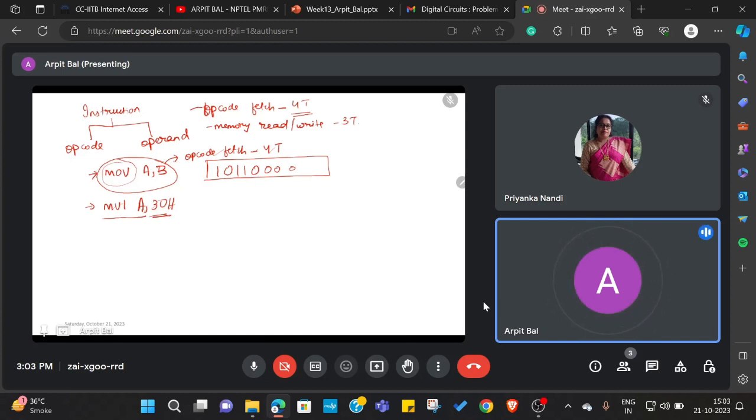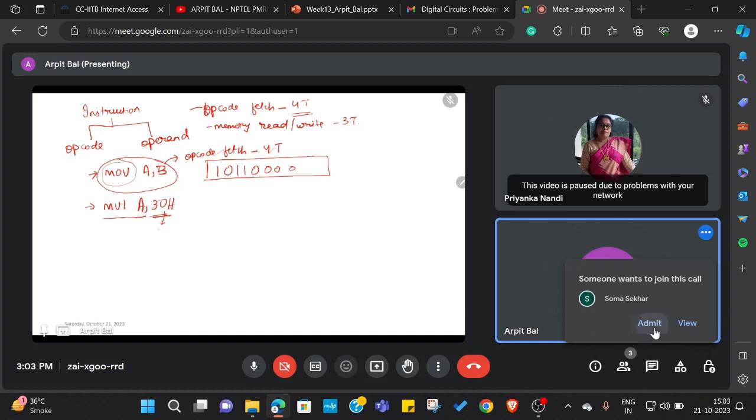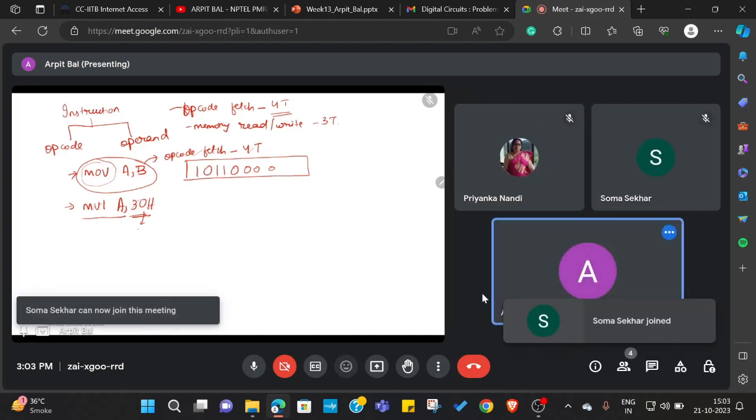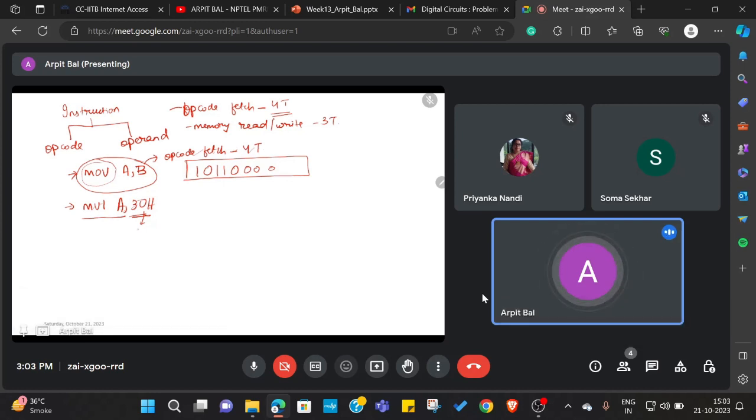And 30H means there will be a total of 8 bits. So for each byte of operand we will need 3 T states for memory read.